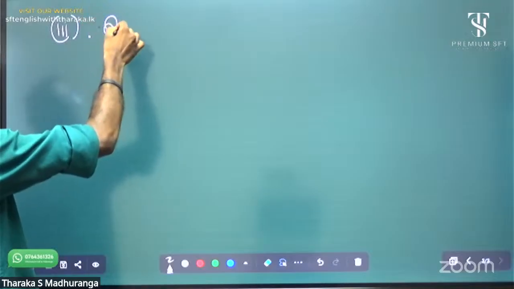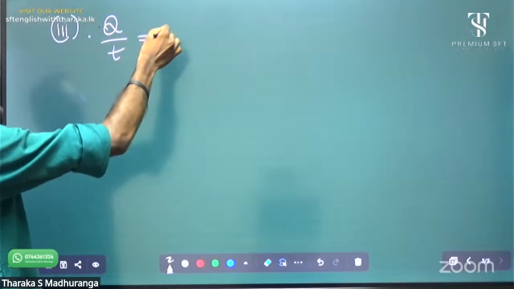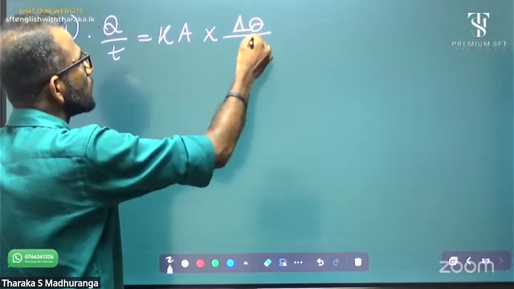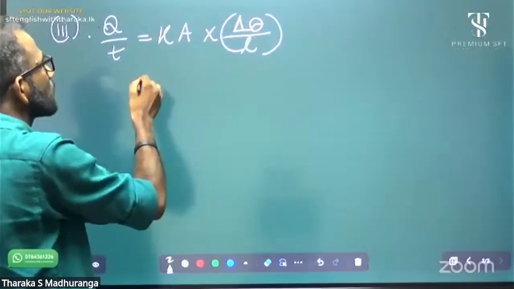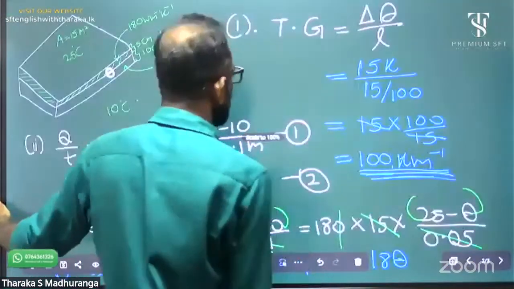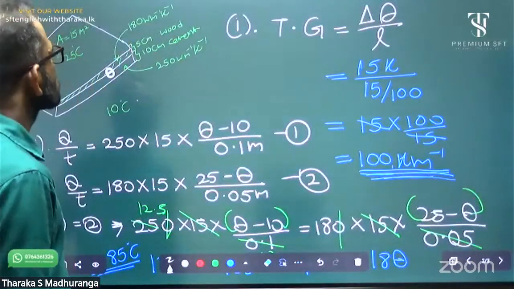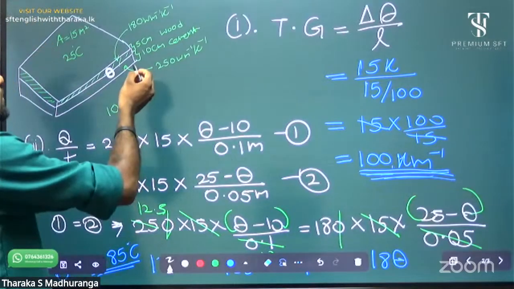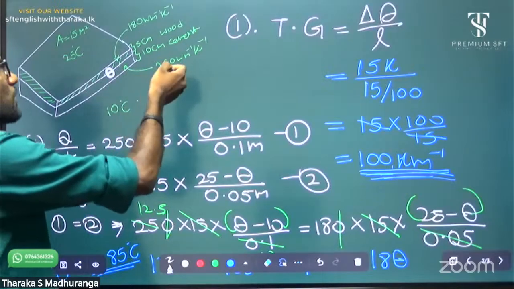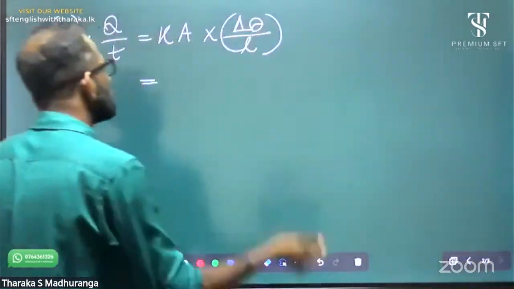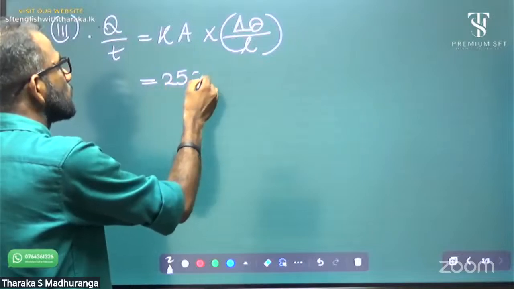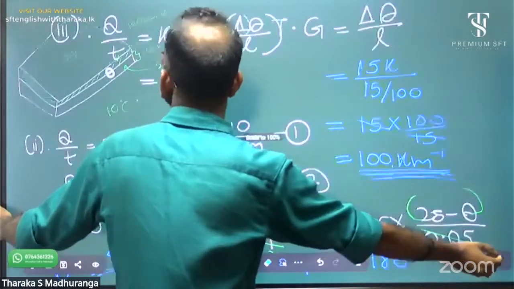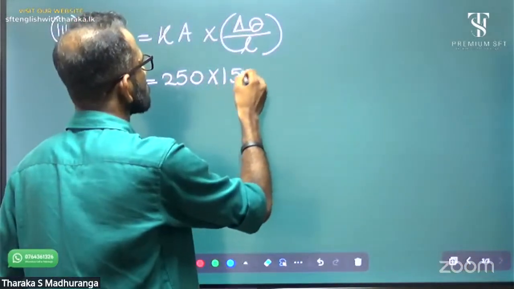Now Q over T equals K A delta theta over L. Let's substitute values for the concrete wall. K value is 250. The cross section area is 15 square meter.